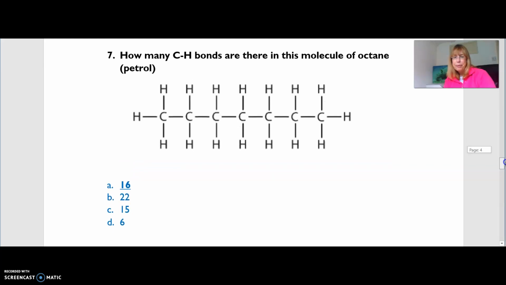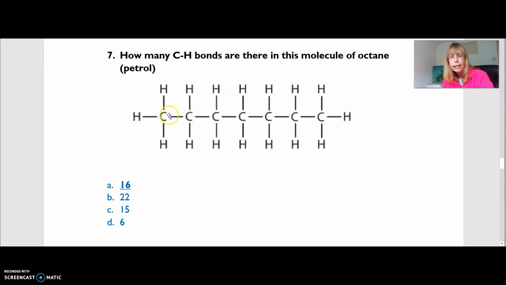Now, some of you don't love this as much as you could. So, how many carbon-hydrogen bonds? To look for this, every time you've got a carbon and a hydrogen, you've got that line. Imagine it like a little child being very naughty and pulling the little legs off their favorite toy. Maybe they've got an octopus or something like that. Imagine you were pulling off each one of these little bonds here. How many would you have in total?